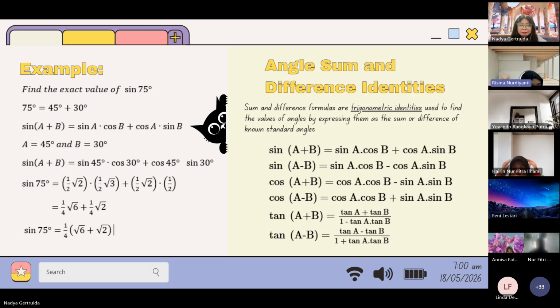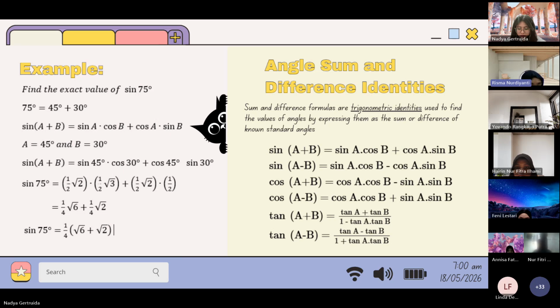First, sine of A plus B equals sine A times cosine B plus cosine A times sine B. Second, sine of A minus B equals sine A times cosine B minus cosine A times sine B.